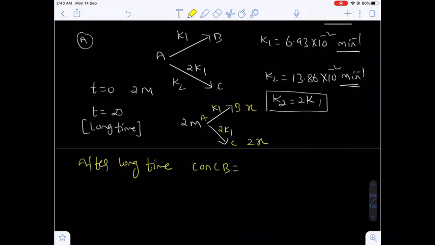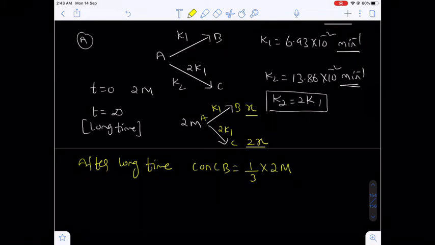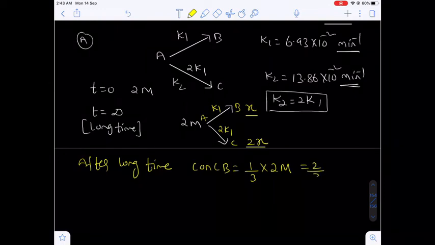Now here total you have x moles of B and 2x moles of C. Total moles how much? 3x. Out of which how much of B will be present? x by total, x plus 2x, 3x. That means 1 by 3 of 2 molar. Total 2 molar. Out of 2 molar, B will be present 1 by 3. That means 2 by 3 molar.